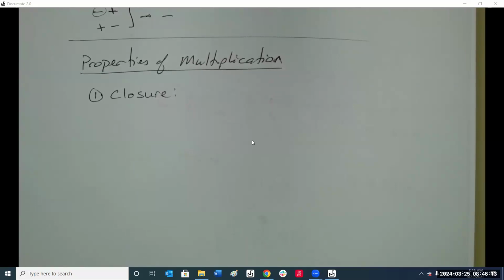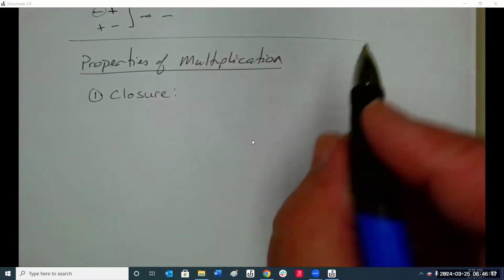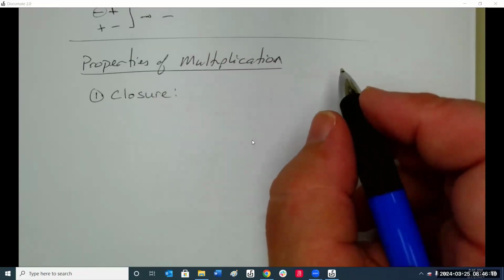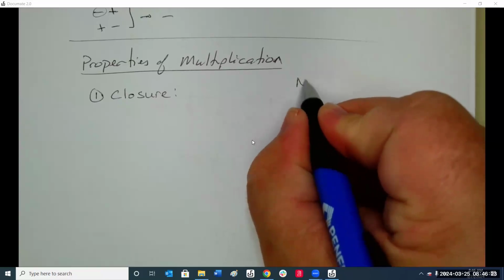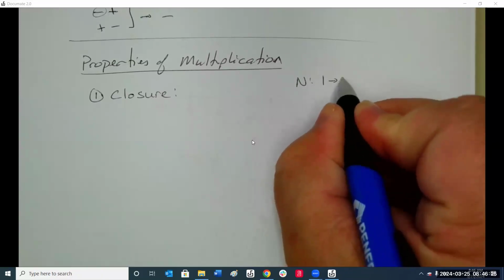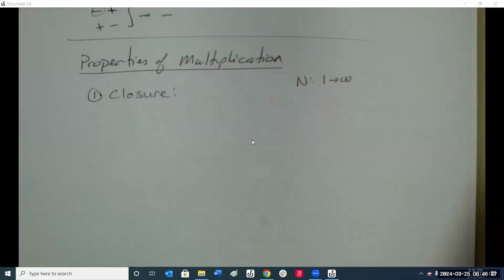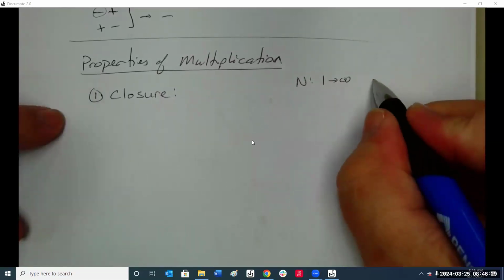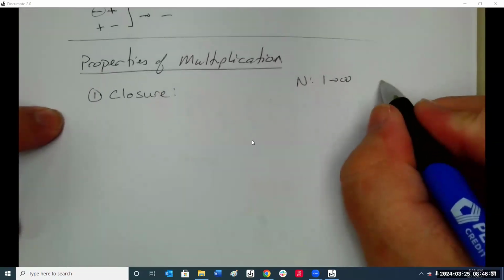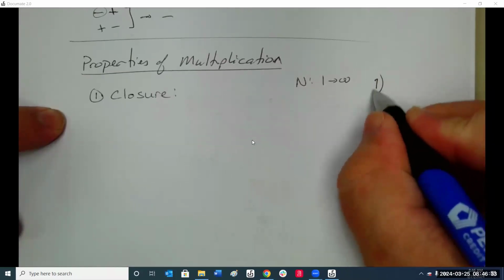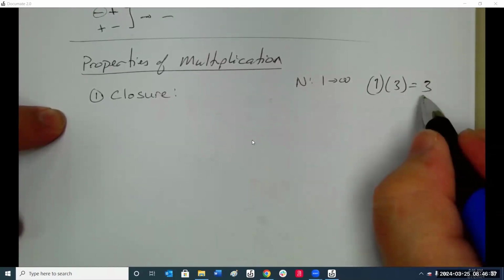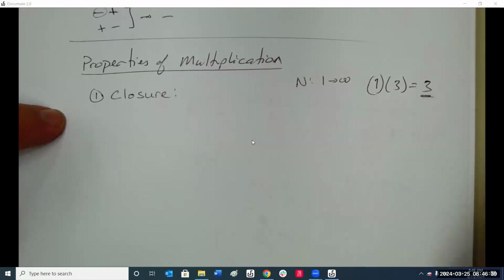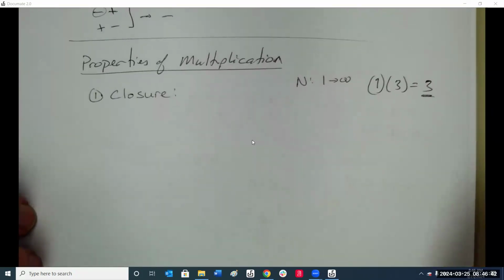Closure refers to the concept that if I was dealing with natural numbers, natural numbers are 1 to infinity, and I take 2 numbers that are natural numbers, let's say 1 times 3, and I multiply them together, is that answer inside the kingdom of natural numbers?